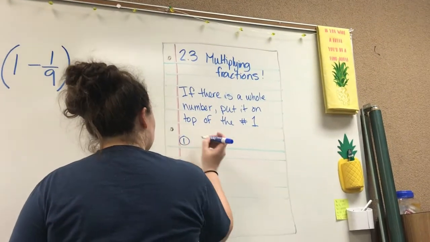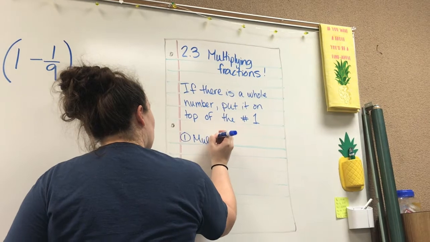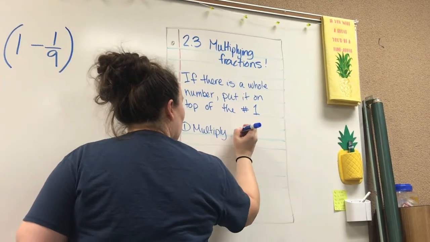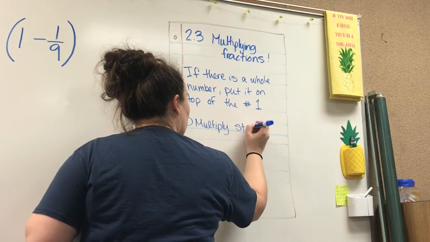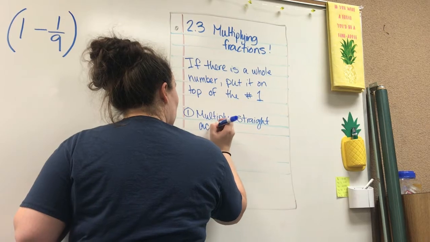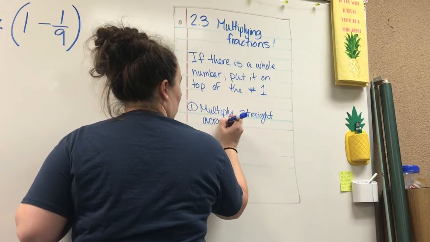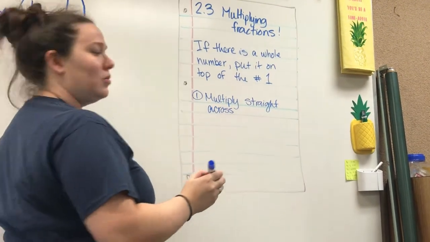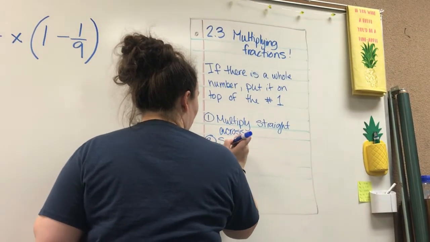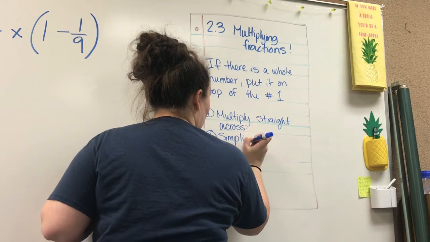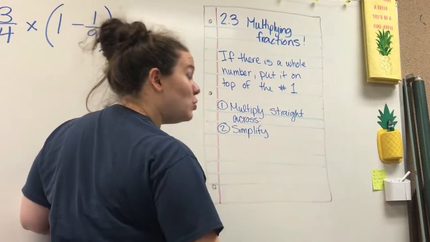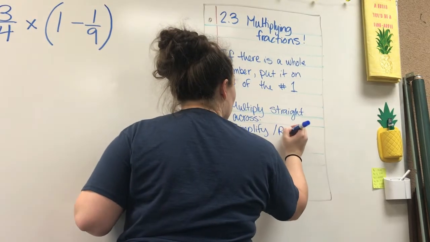So, multiply straight across. Number 2, simplify. That means doing your dividing or reducing. Simplify, people use the word reduce.